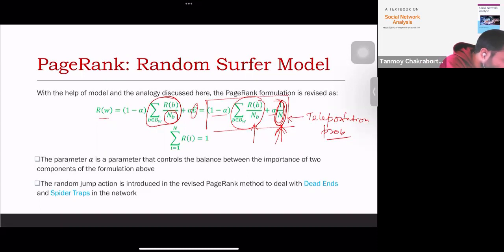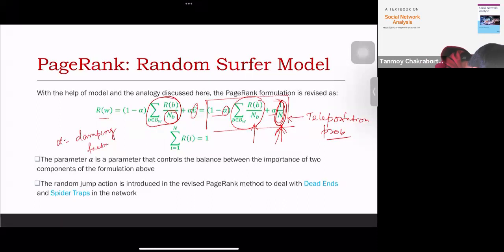I discussed this alpha parameter, which is called the damping factor. Actually, alpha is not exactly called the damping factor.